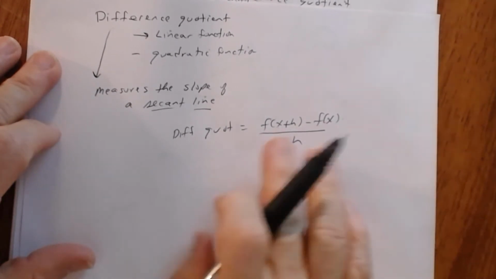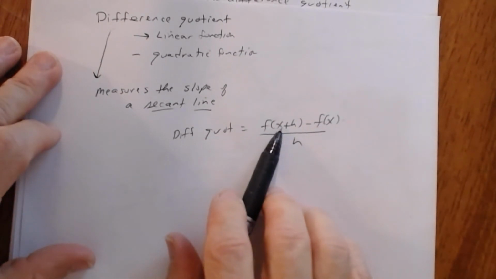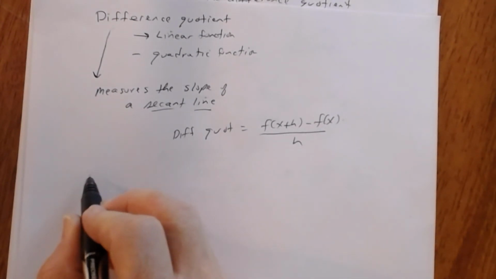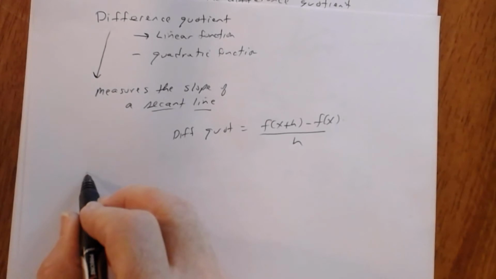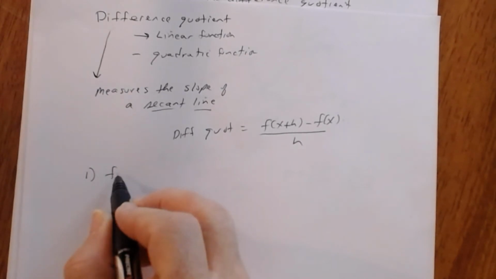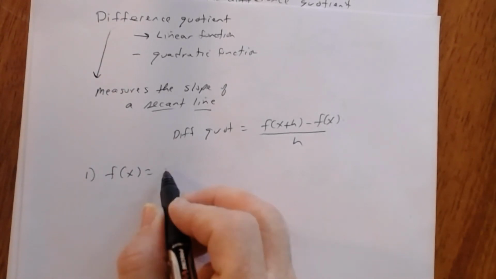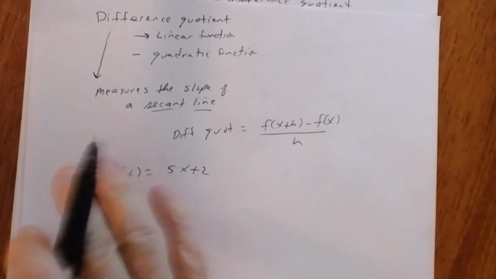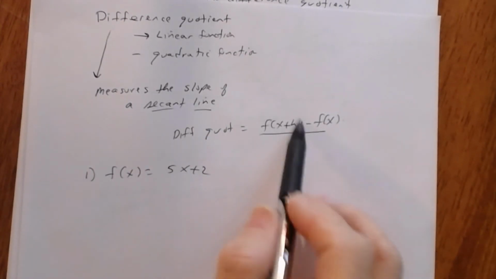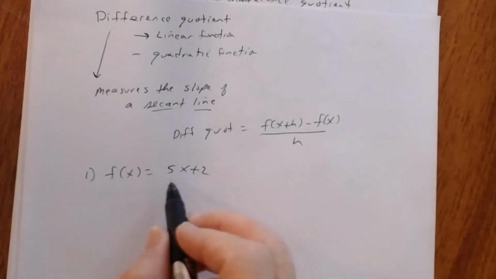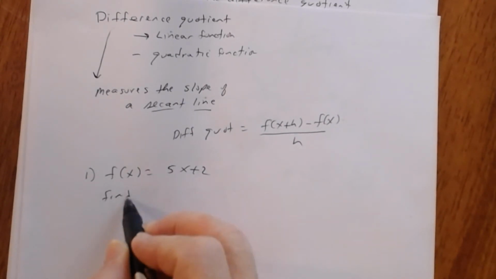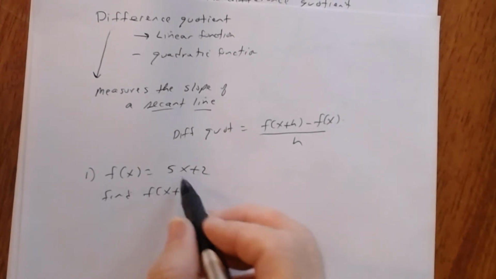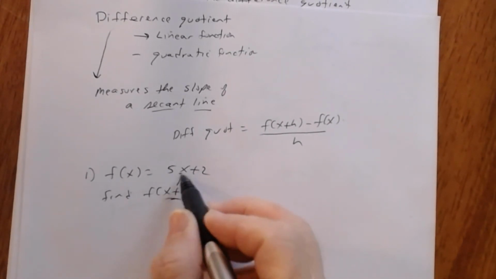All right, now let's review this idea for a moment. So let's say number one, I have f of x is, let's say, 5x plus 2. For right now, all I'm doing is reviewing this idea. And if I want to find f of x plus h, wherever I see the variable x, I'm going to substitute x plus h.